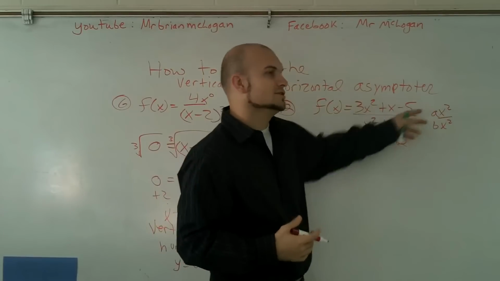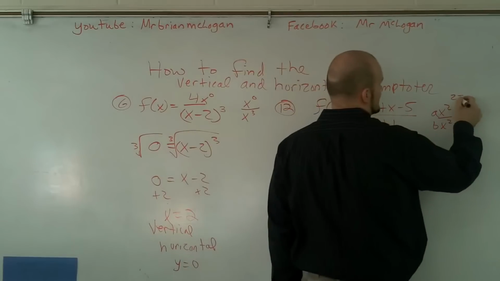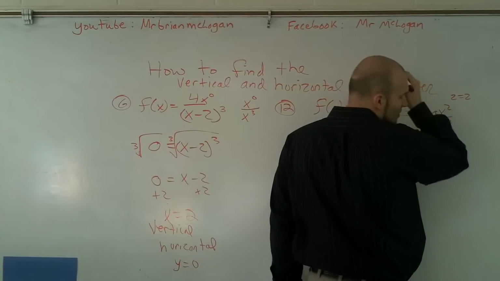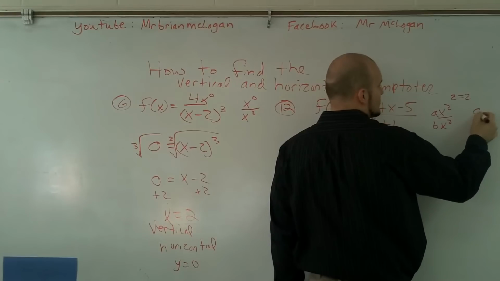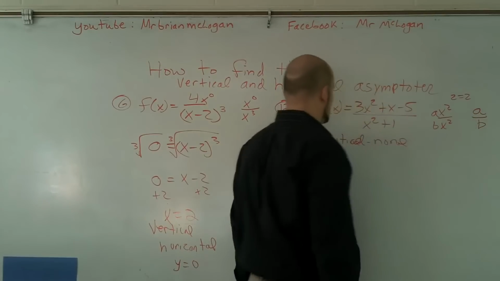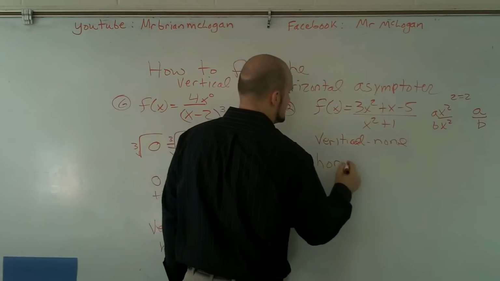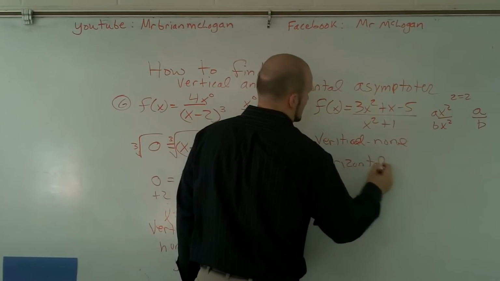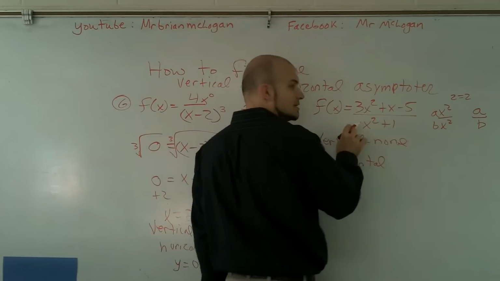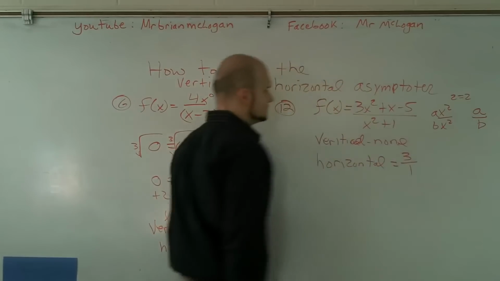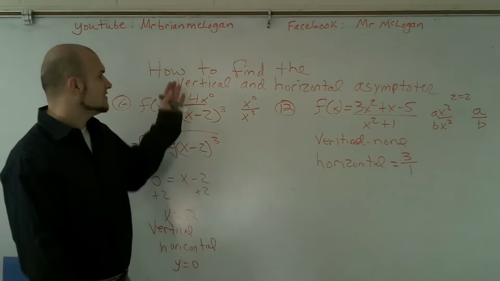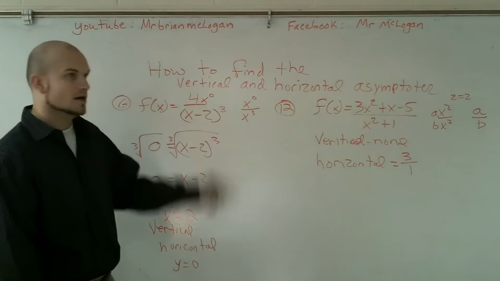When their degrees are equal to each other, then the horizontal asymptote is the ratio of A over B. So the horizontal for this problem is going to be 3 over 1, because the coefficient for this problem is 1. So that's how you find the vertical and horizontal asymptotes of given functions.